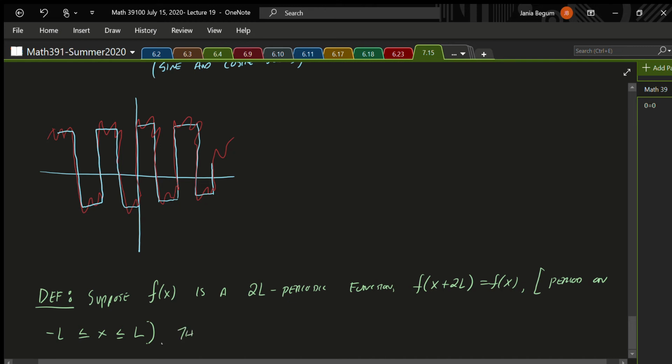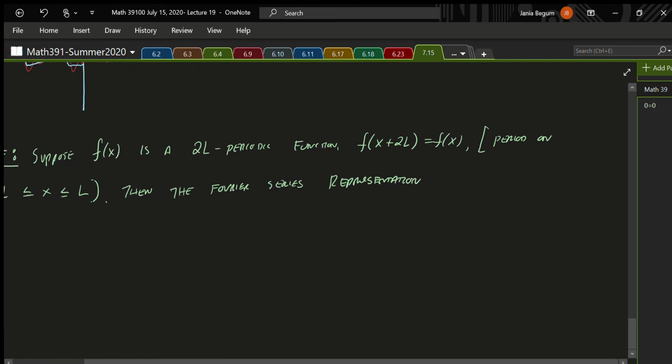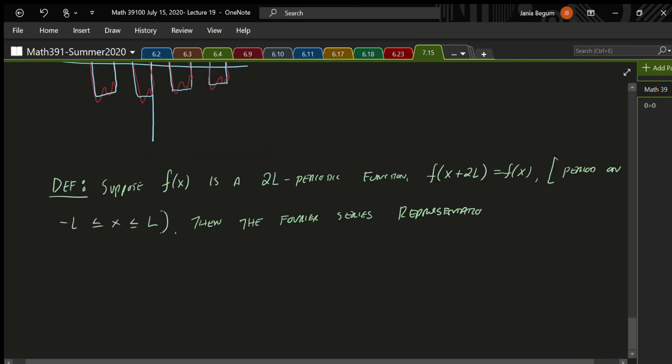Then the Fourier series representation of the function f of x is given by the formula.